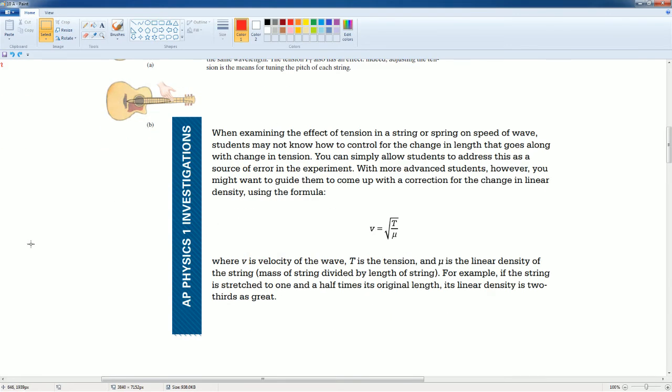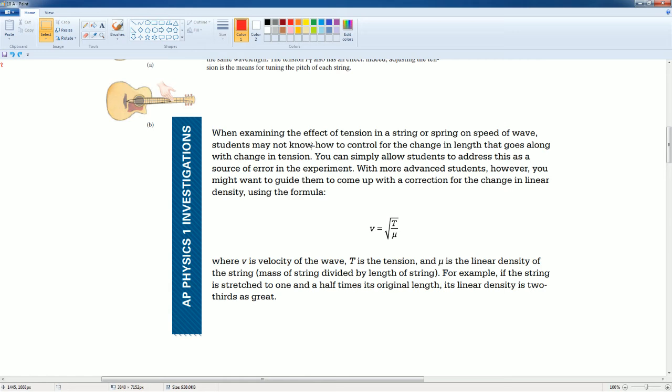On the AP exam, this whole worksheet for the last question is trying to get you to understand this idea. While examining the effects of tension in a string or a spring on the speed of a wave, students may not know how to control for the change in the length that goes along with the change in tension. You can simply allow students to address this as a source of error in the experiment.